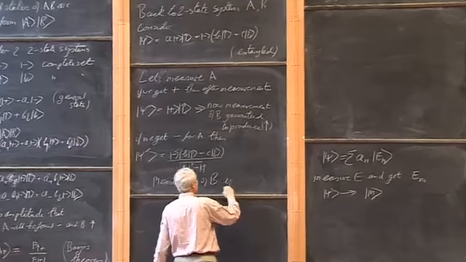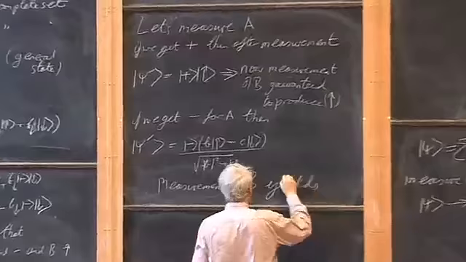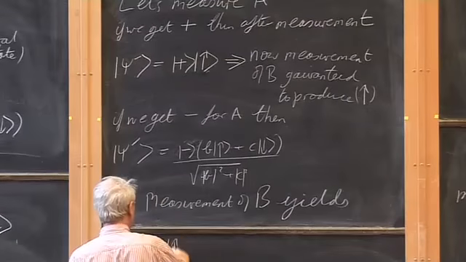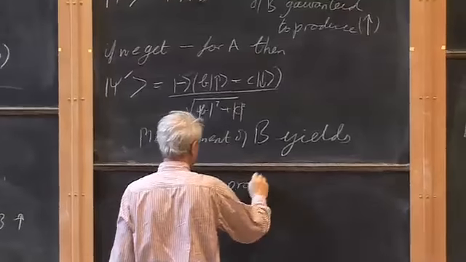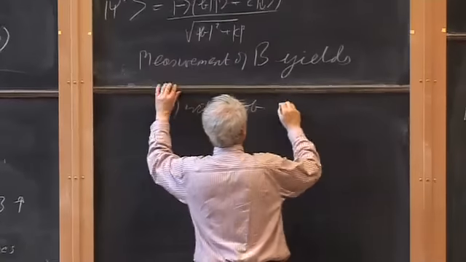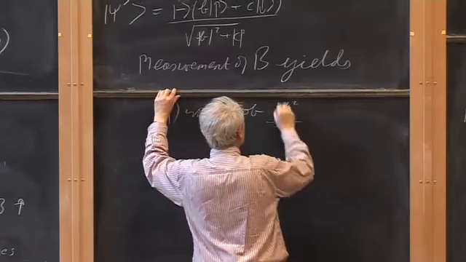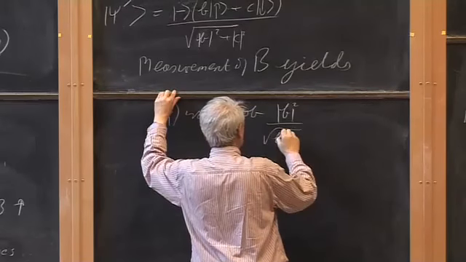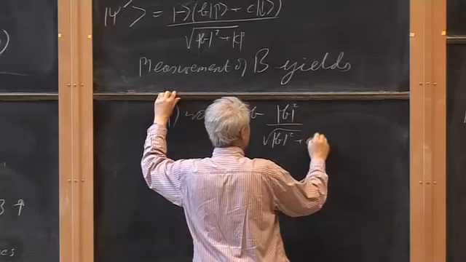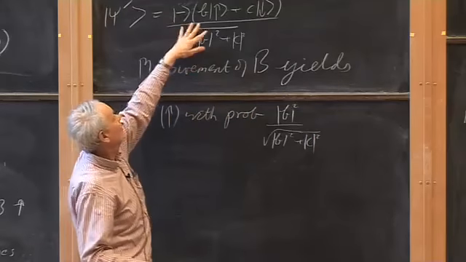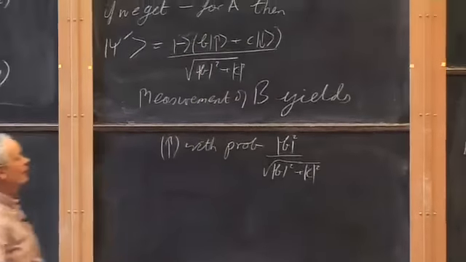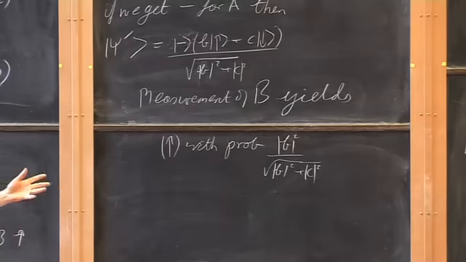So now measurement of B yields, for example, up with probability B squared over the square root of B squared plus C squared. So we now apply the same old rules about the interpretation of the amplitudes, right?